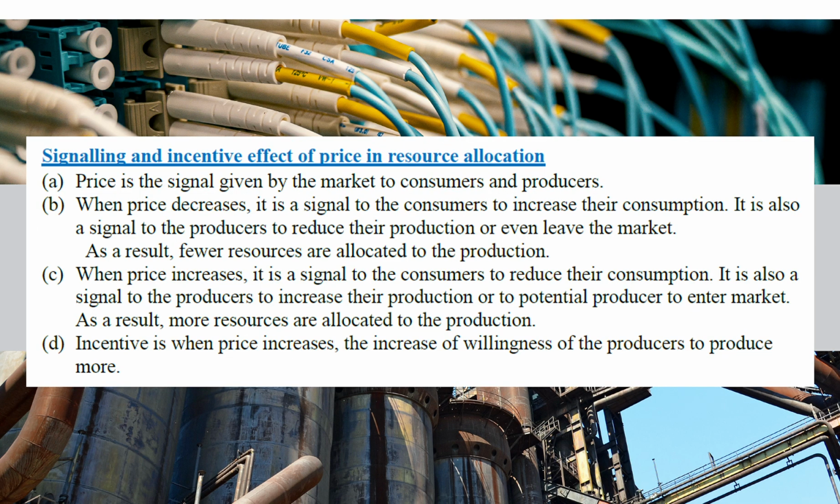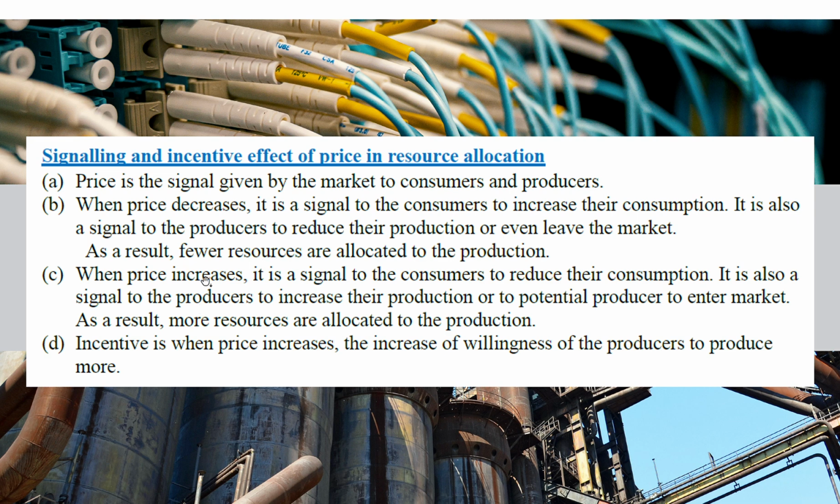Signaling and incentive effect. These are two effects. One is signaling, which is on the demand side. Incentive is on the supply side. When the price decreases, it is a signal to the consumer to consume more, and also a signal to the producer to reduce production. As a result, fewer resources will be allocated to the production.